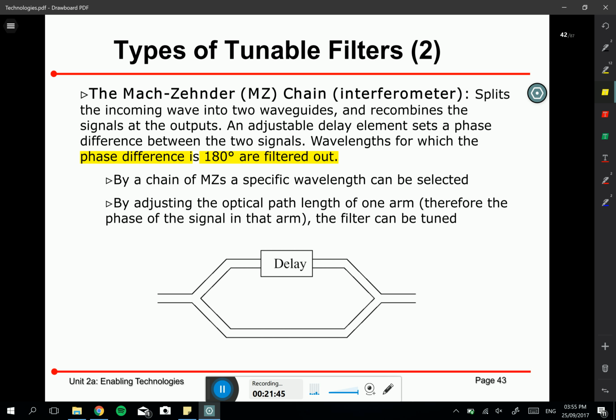As I was saying, you have to choose the length of this arm for each wavelength that you want to somehow remove. So if you need to remove 3 wavelengths, it's a little bit more complex than that, but in principle, you're going to have 3 different interferometers to cancel those 3 wavelengths.